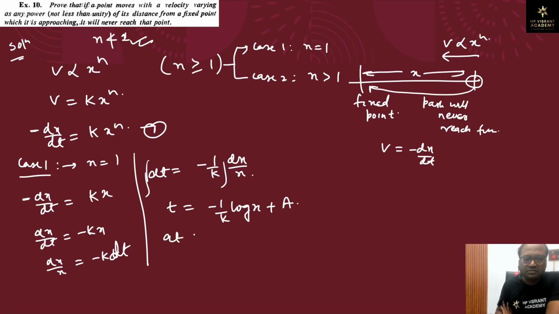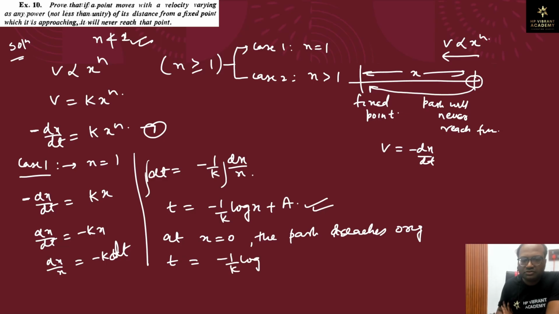At x is equal to 0, the particle reaches the origin, that is the fixed point. So let us put x is equal to 0 in this equation. t is equal to minus 1 by k log of 0 plus a. Log of 0 is infinity.